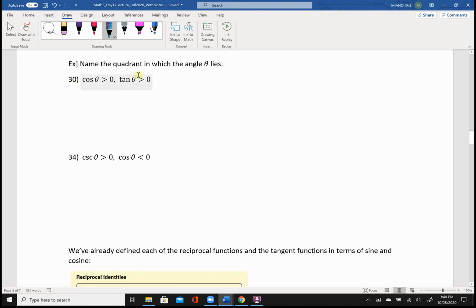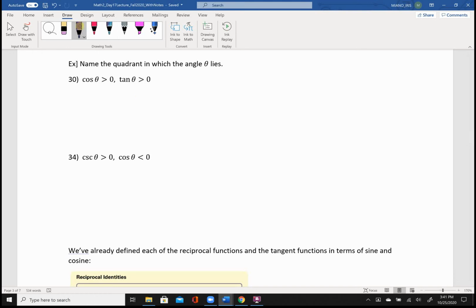And for number 30 here, we have a cosine sign explicitly given. The cosine of theta is positive, or greater than 0, right? That's what this says. And then the tangent of theta being positive as well tells us, believe it or not, something about the sine, or at least that's what we have to glean in order to determine what quadrant theta has to live in.